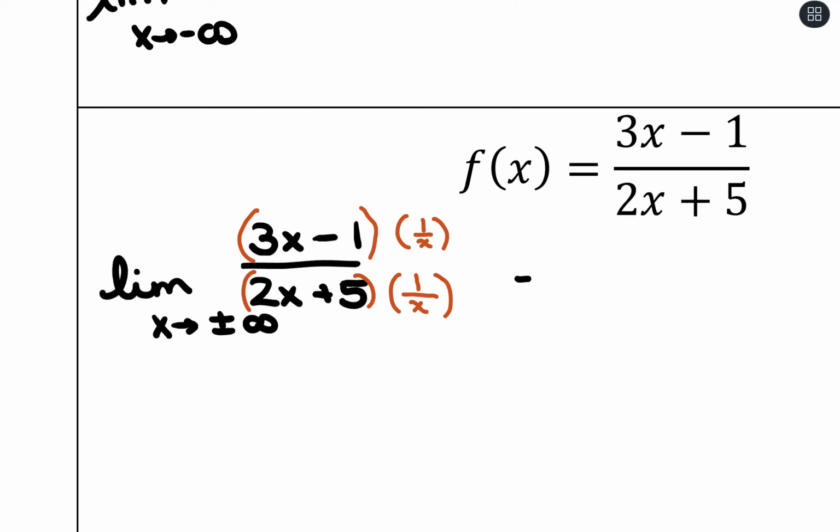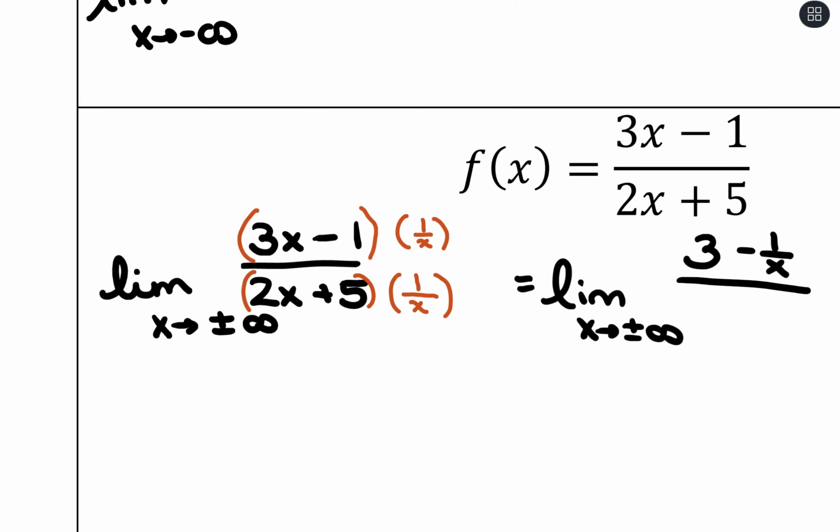So what I'm doing here is looking at the limit as x approaches plus or minus infinity of 3x divided by x, which is just 3, minus 1 over x, and then divided by 2x divided by x, which is just 2, plus 5 over x.